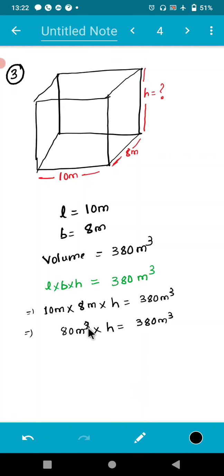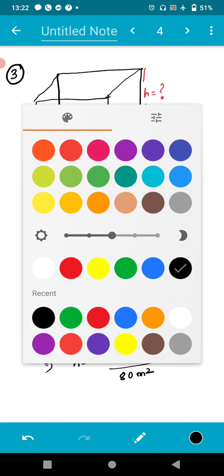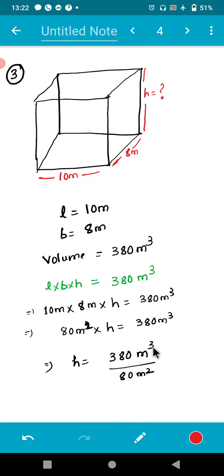Now this will be meter square, not cube. Okay, just a minute. This will be square. Okay, now height would be what? 380 meter cube by 80 meter square. The first thing that will reduce is the unit. So see, in the numerator we have 3 meters, in the denominator we have 2 meters, so we'll reduce this.